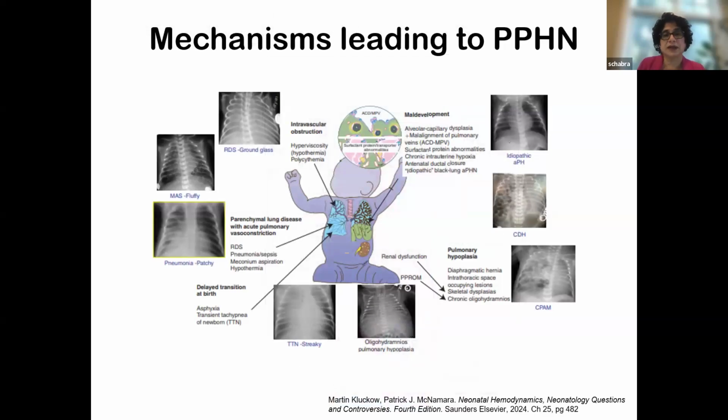So some of the mechanisms are parenchymal lung disease with acute pulmonary vasoconstriction like respiratory distress syndrome, pneumonia, sepsis, meconium aspiration.